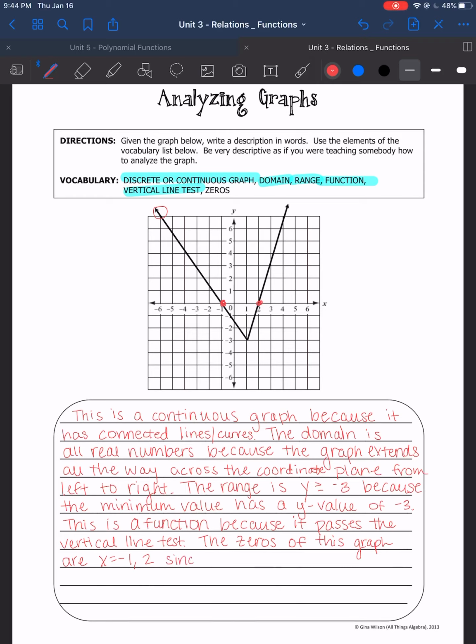Since you have to explain to them why they're zeros. You're pretending like this person has no clue anything about these words, and you have to teach them that you understand them.